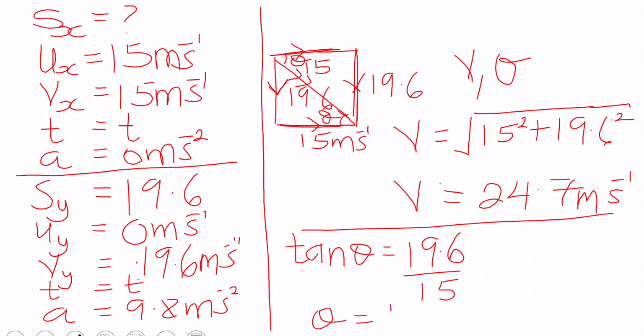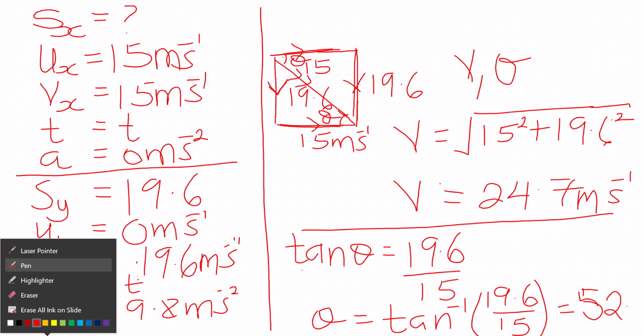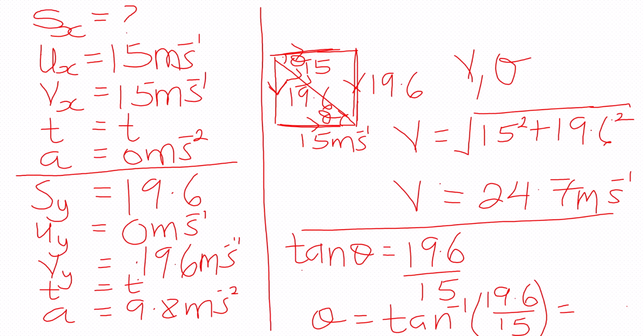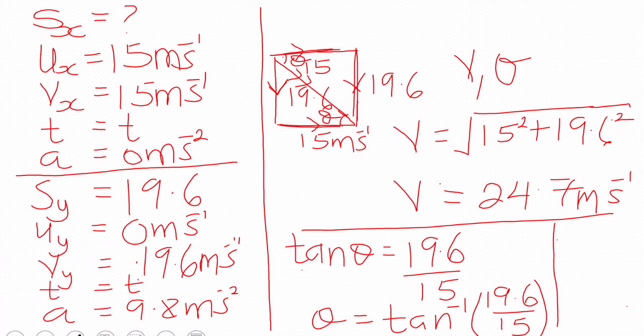Then your theta will equal tan inverse of 19.6 out of 15, and your theta will finally equal 52.6 degrees.